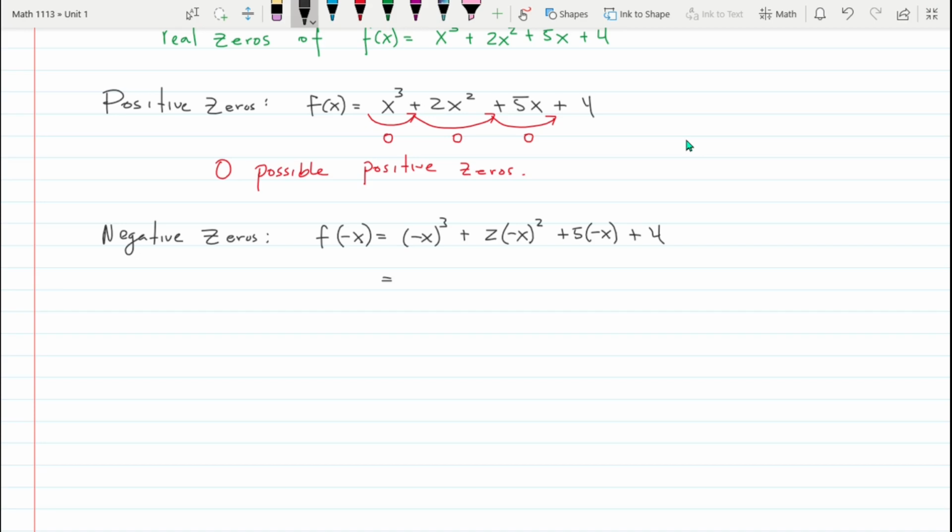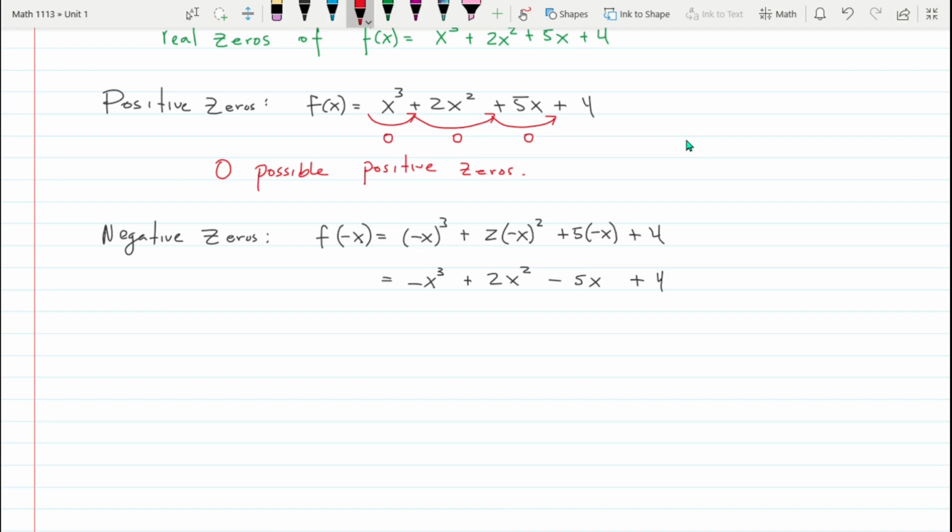So negative x to the power 3 is just negative x to the power 3, and then negative x to the power 2 is just x squared. Negative times a negative is positive. Then this is negative 5x, and this is positive 4. So let's go ahead and do the sign counts.